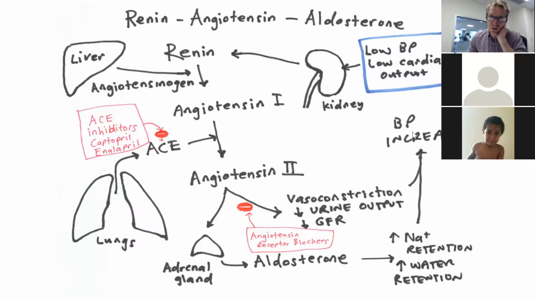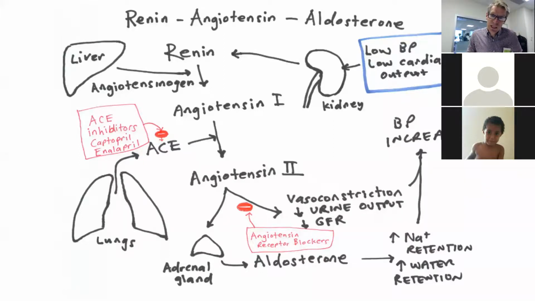And that might be a good thing up to a point, but after a while, that is a bad thing, because if your blood pressure increases, then the heart has to pump even more strongly against the higher resistance from the vasoconstriction, and then the heart goes into more and more heart failure.